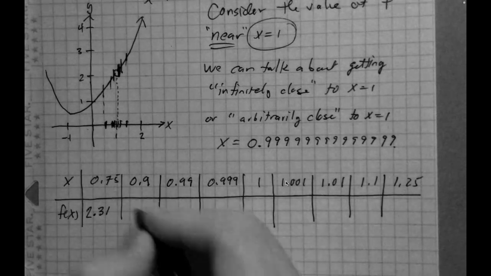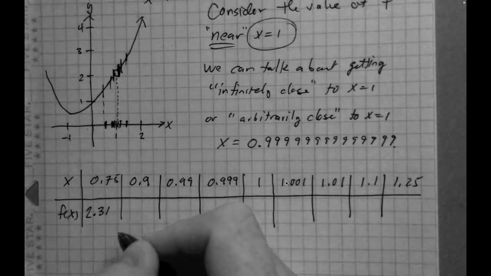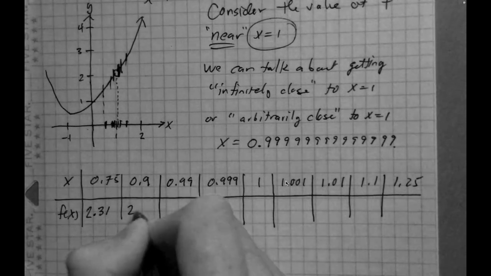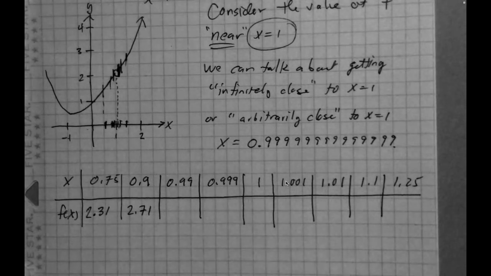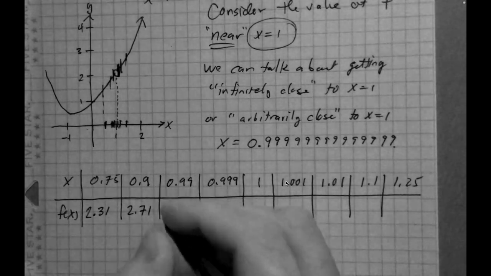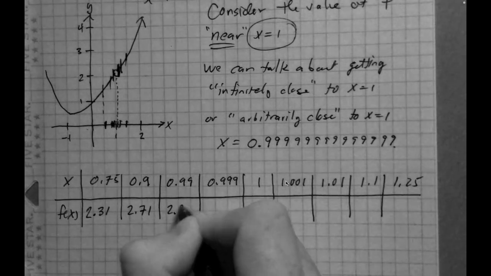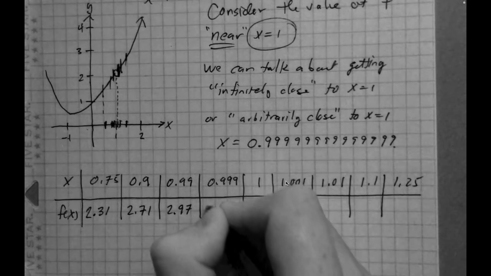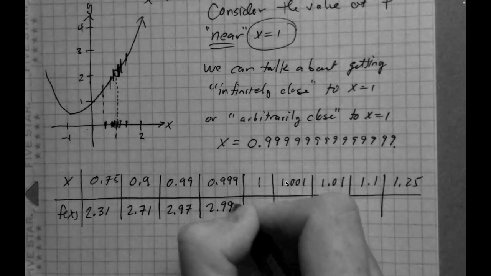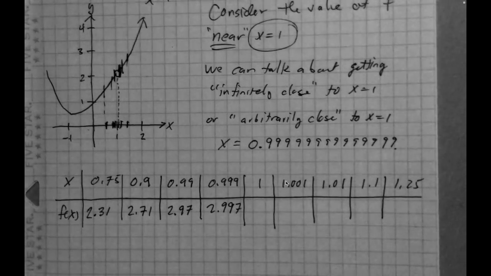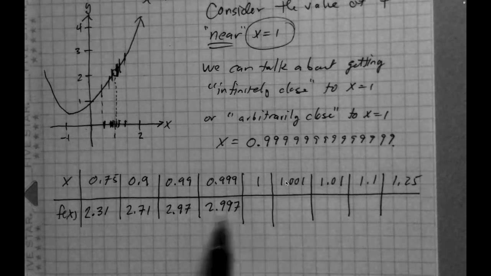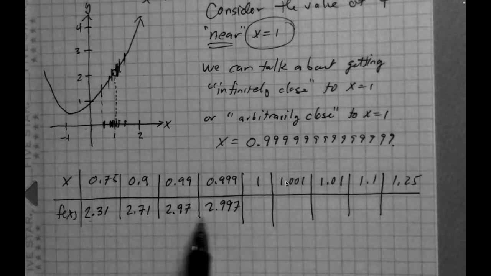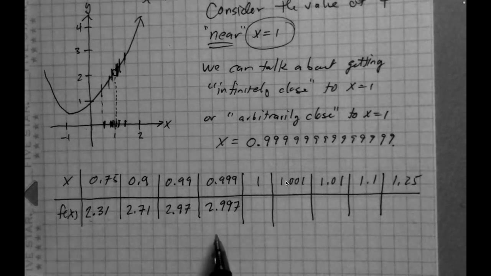When x is equal to 0.9, then f of x is equal to 2.71. Right, and at 0.99, the value becomes 2.97, and at 0.999, it becomes 2.997, right? So getting very, very close to 3. As you can see, these numbers are converging to the value of 3, it looks like.